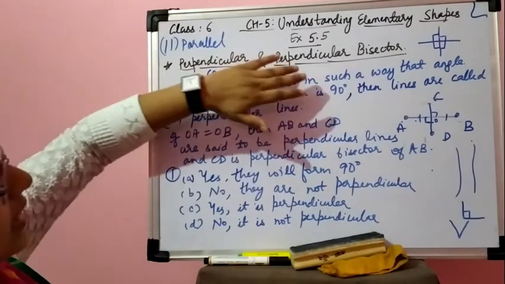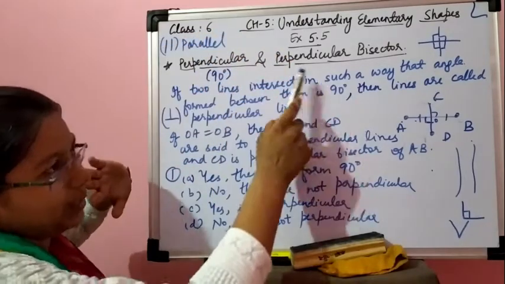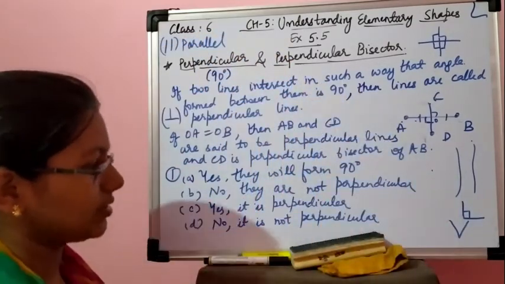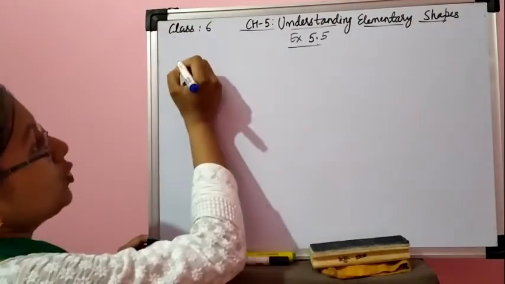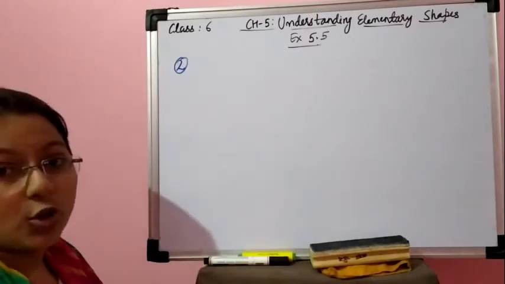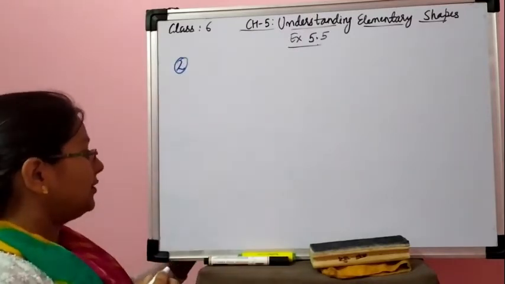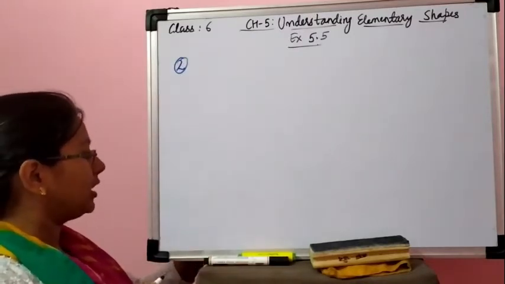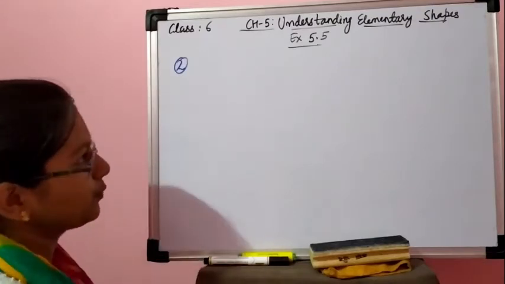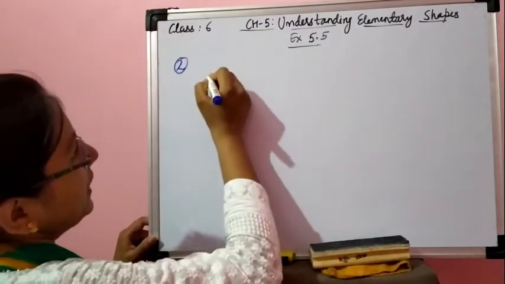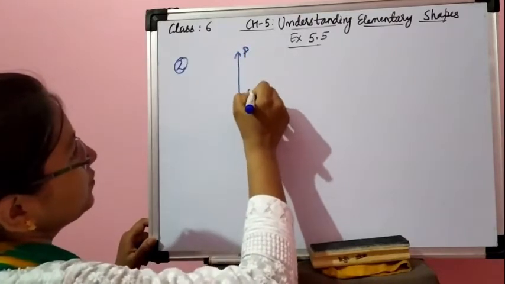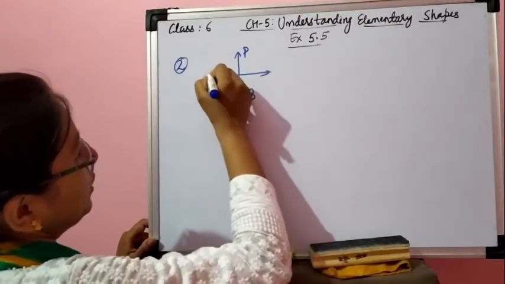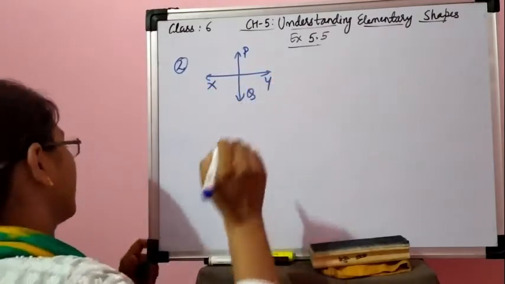I hope you are all clear with the concept of what is perpendicular and perpendicular bisector. So our next question is, in question number 2: let PQ be perpendicular to the line segment XY.